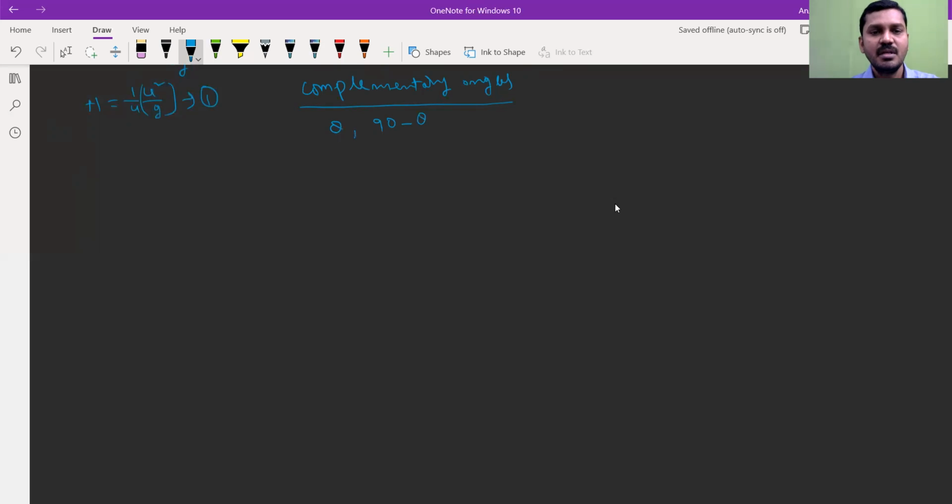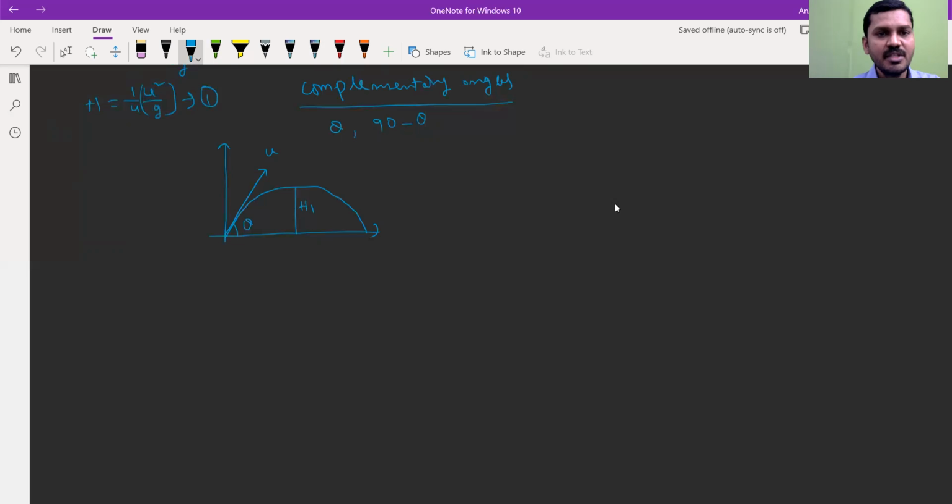Next, see, I am taking here two bodies. If the two bodies are projecting with the same initial velocity, see, this is the first body which is projecting with velocity u, and the maximum height of the first one is h1. The projection angle is equal to theta.